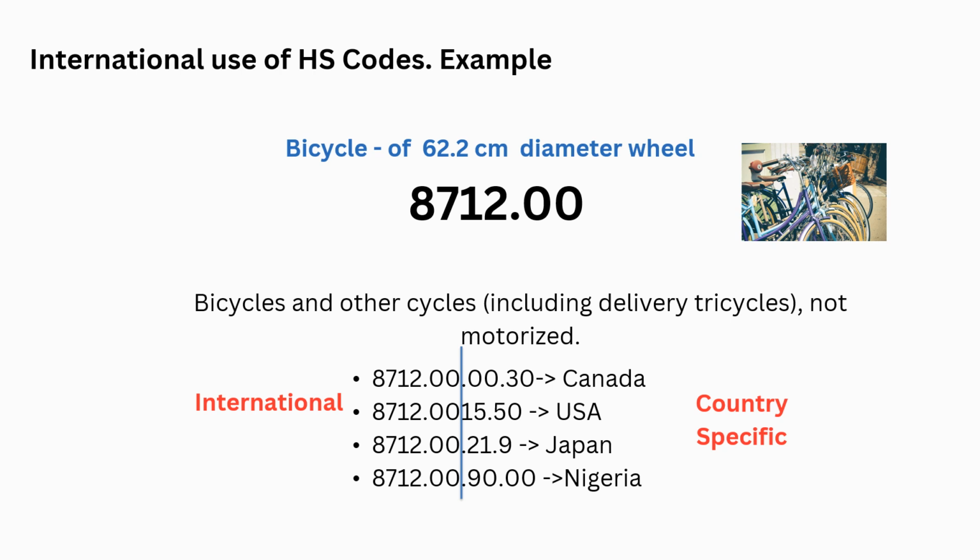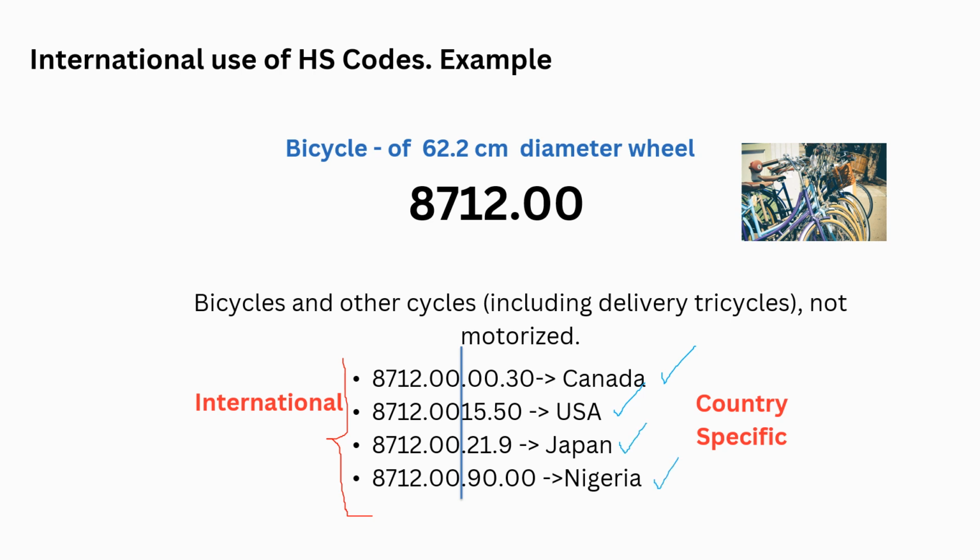If I look internationally, the first six are the same, 871200. But then the country specific changes. We can see Canada, that is 0030. We have USA, 1550. We have Japan, 2109. And then we have Nigeria with 9000.